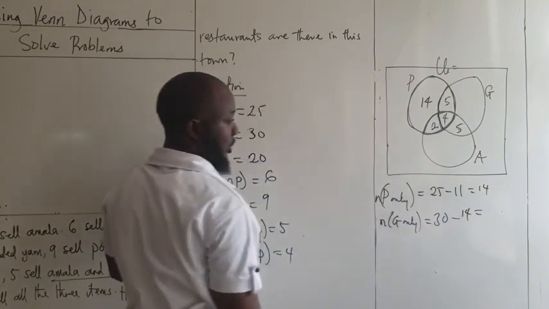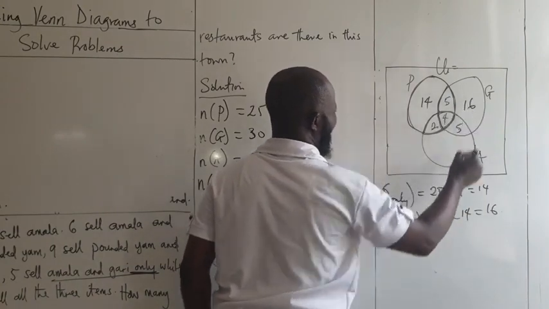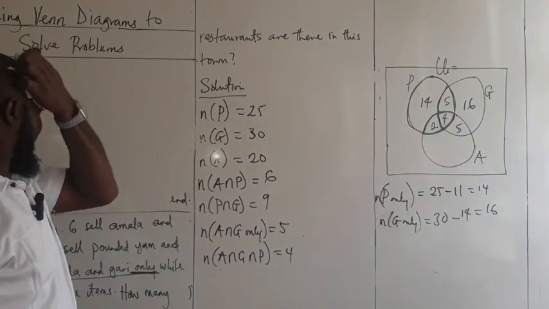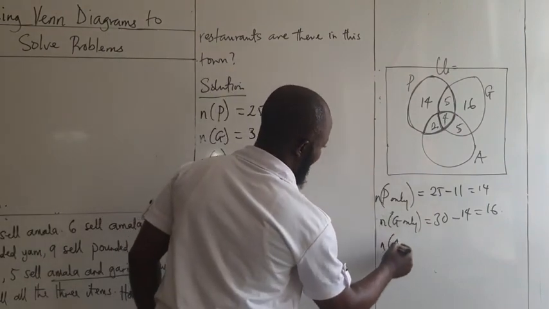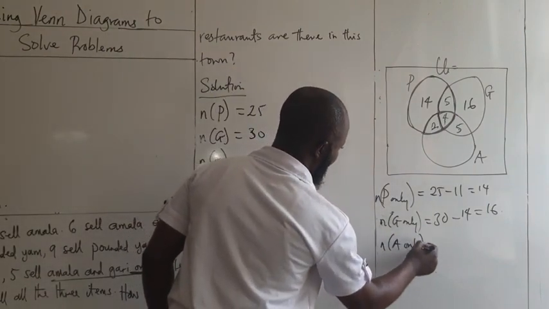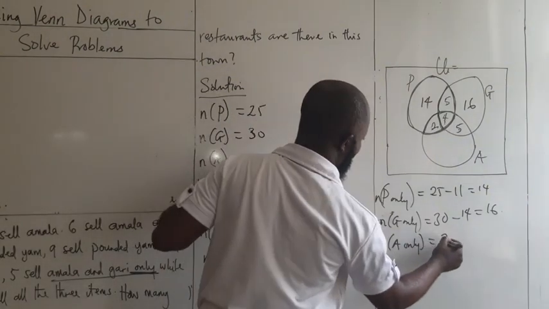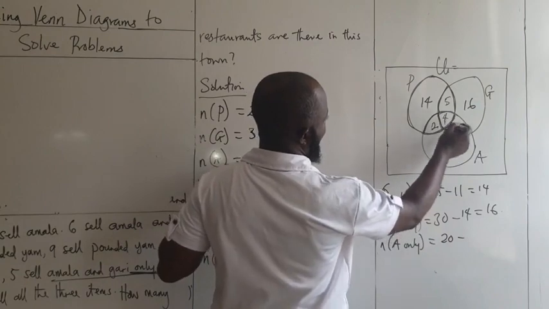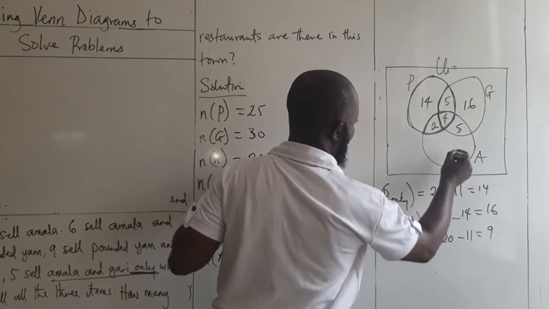When you subtract this, it will give us 16. So this place is 16 only. I hope I'm making sense. Then it remains the number of A only. A is 20. So we subtract 11 as well, and this will give us 9. So this is 9.